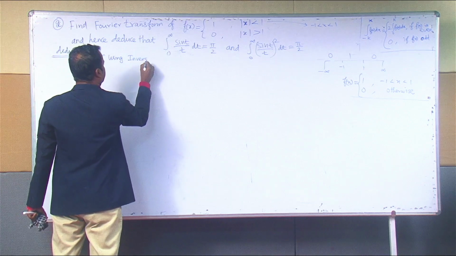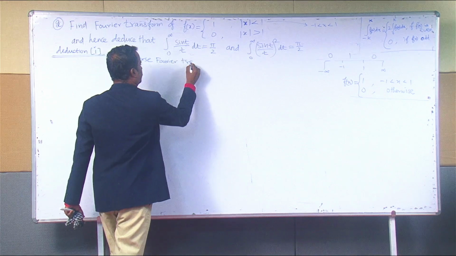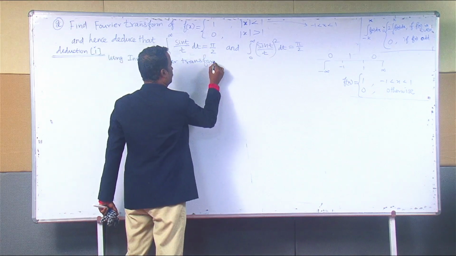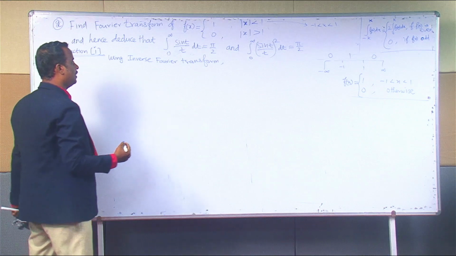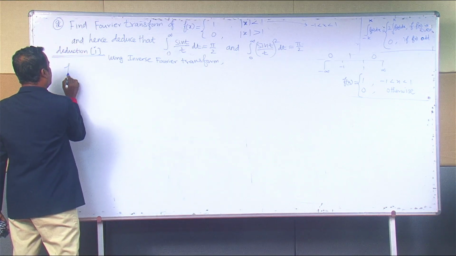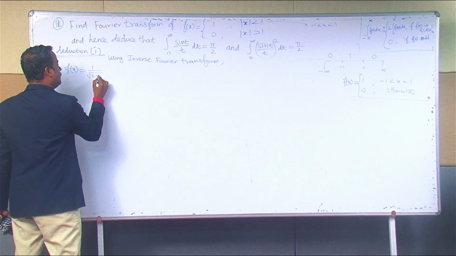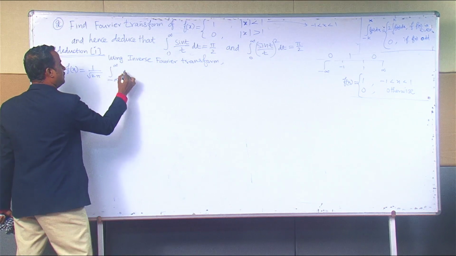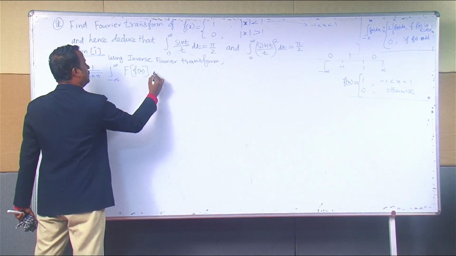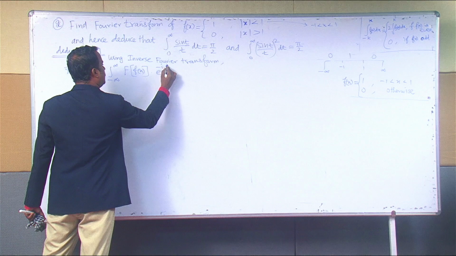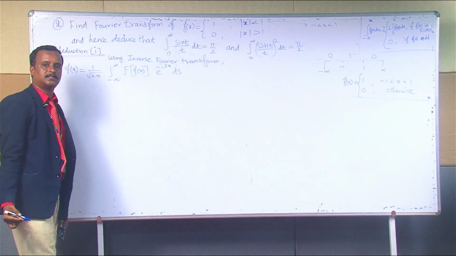Using the inverse Fourier transform formula, what do you get? f of x equal to 1 divided by root of 2 pi integral minus infinity to plus infinity F of s into e power minus isx ds. This is the inverse Fourier transform formula.